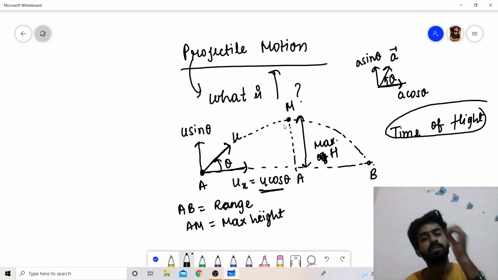So first velocity decreases, then after the maximum height, velocity starts increasing. Okay, let us move forward.